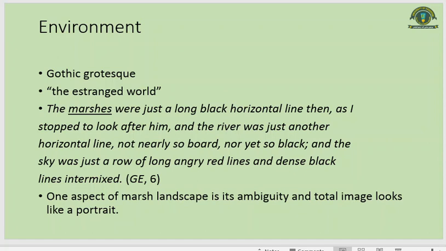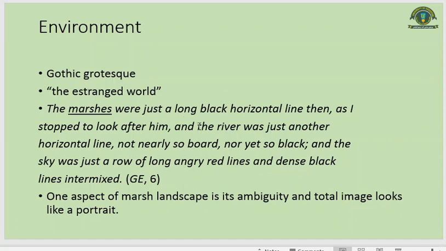So marsh, as you see from this quotation from Great Expectations: the marshes were just a long black horizontal line. Then, as I stopped to look after him, the river was just another horizontal line, not nearly so broad, nor yet so black, and the sky was just a row of long, angry red lines and dense black lines intermixed.